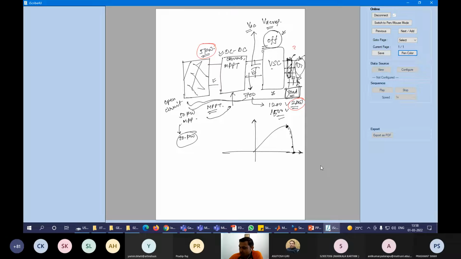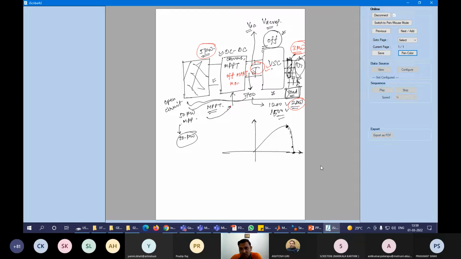Apart from the 2 kilowatt, 3 kilowatt will be stored in this capacitor. Even though this 3 kilowatt is more than the capacity of this capacitor, in that case, we have to operate this particular MPPT in off MPPT mode.